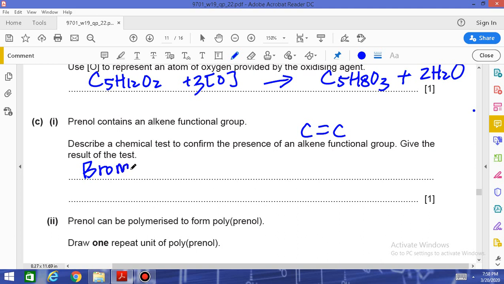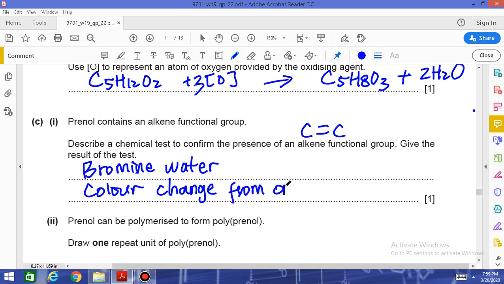The result of the test is a color change from orange or red-brown to colorless.